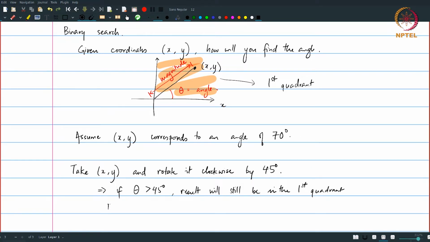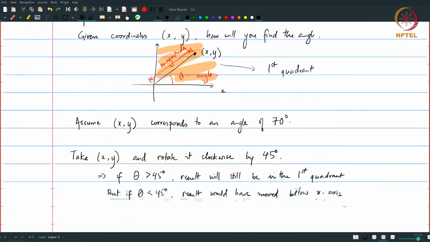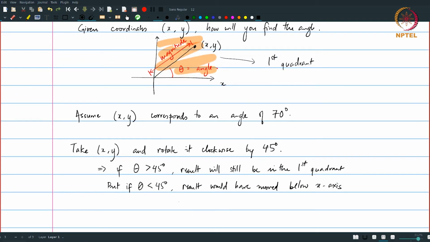But if theta was less than 45 degrees, the result would have moved below the x-axis to the fourth quadrant, and I can easily see that y would have become negative for the result.